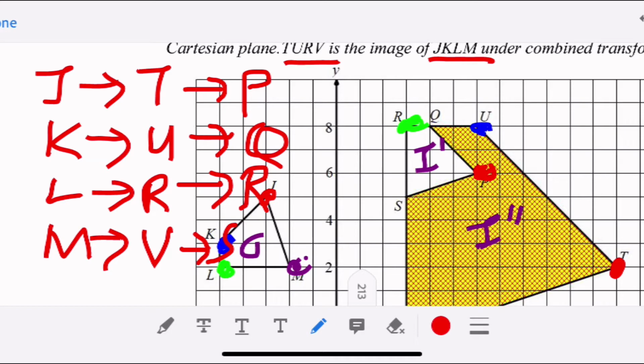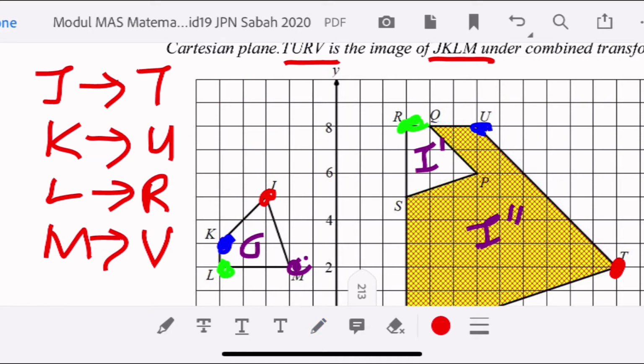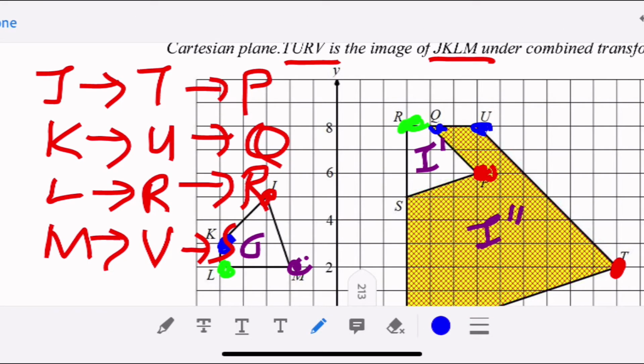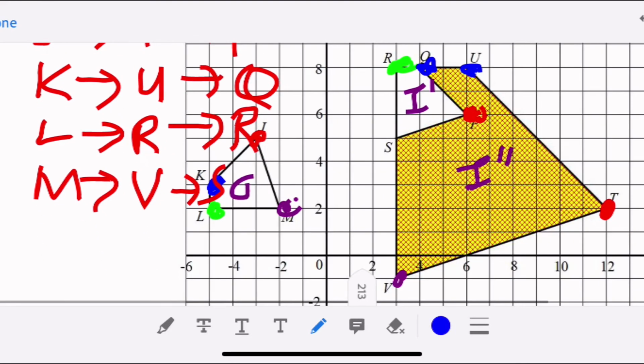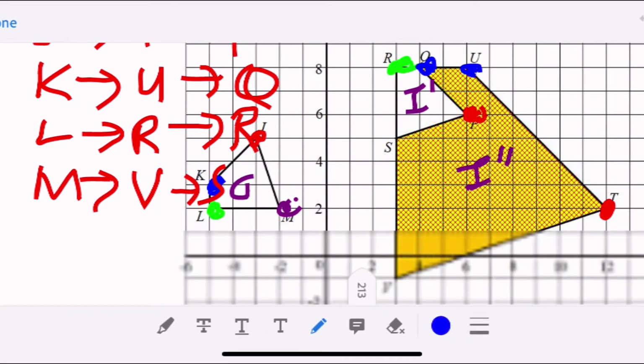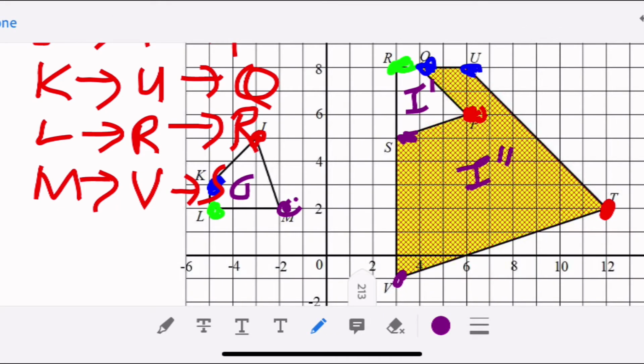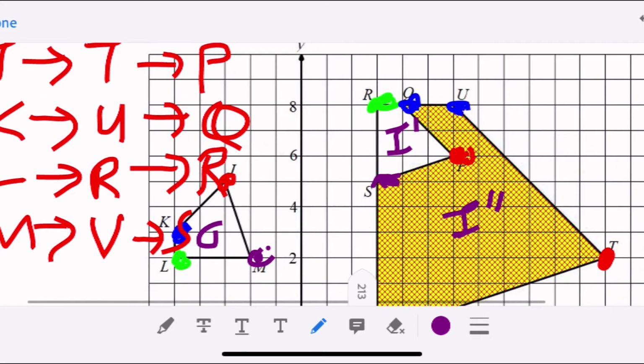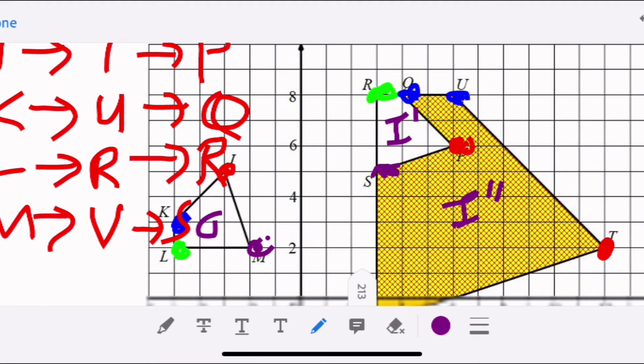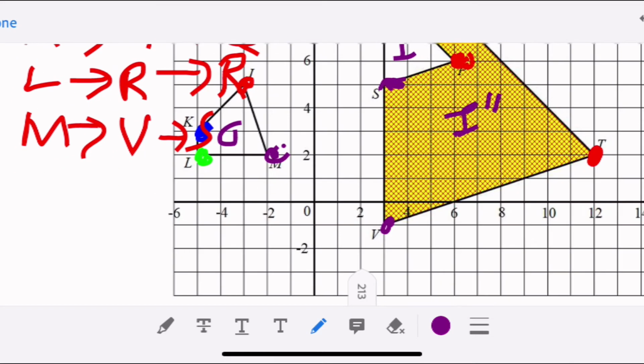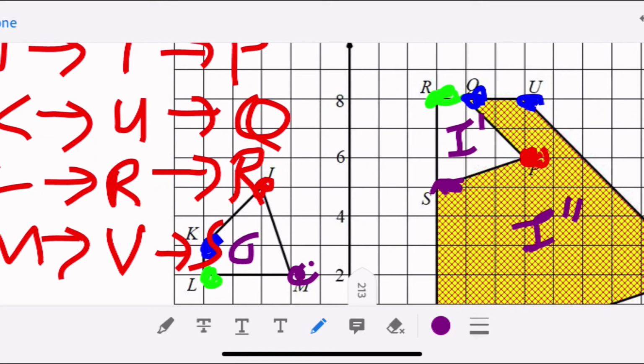The two lines will intersect at the center of rotation. The best way is using compasses, draw the arcs and make sure the two arcs intersect, then draw a straight line. Then you find another pair of corresponding points, draw another bisector, and the intersection of the two bisectors gives the center of rotation.